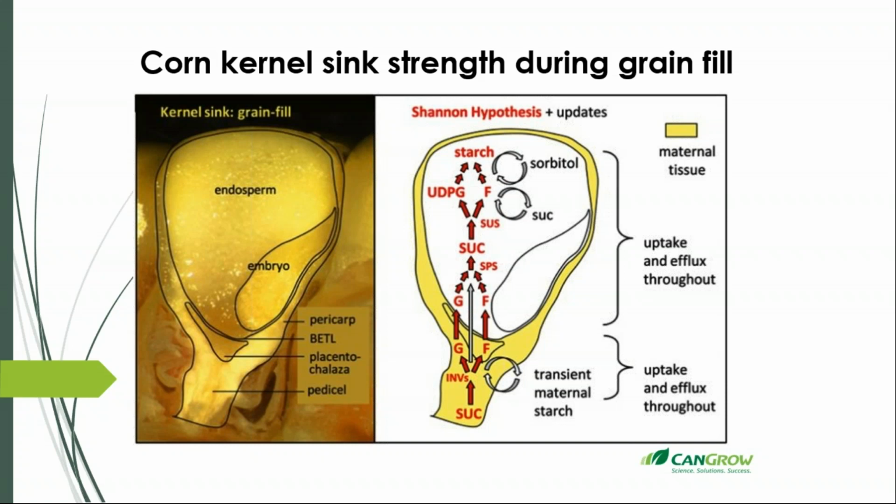So this is that same concept, taking it to that next level of synchronizing kernel development, so we don't have it all over the board. And that's where yield comes from: uniformity. If you got every plant in your field looking like your best plant, you're going to get yield. But it's all those poor plants that really suck it down.